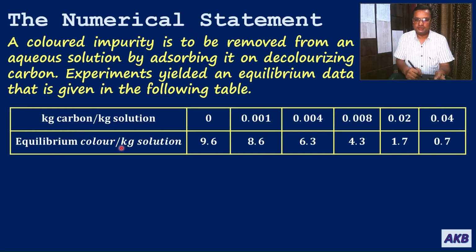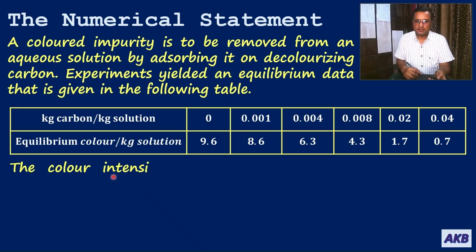So you have this table where they have given us the equilibrium data. We have different values for the quantity kg carbon per kg solution, and then the values of equilibrium color per kg solution, which are in equilibrium with the given values of kg carbon per kg solution. They are given to us.